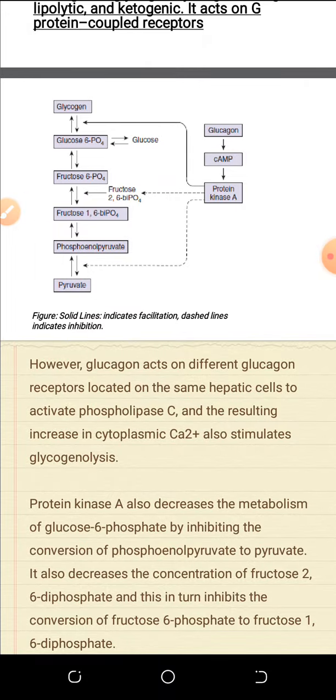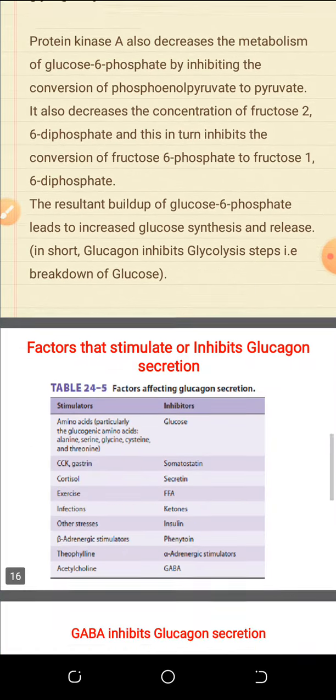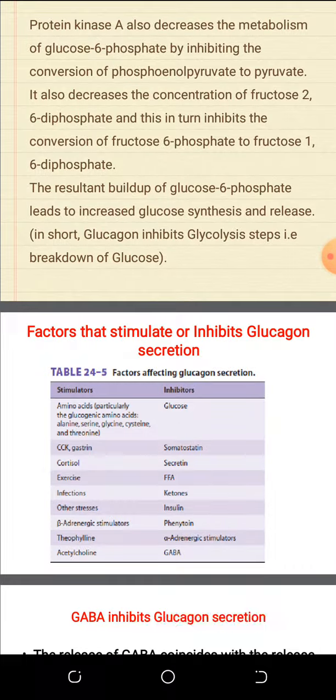However, glucagon acts on different glucagon receptors located on the same hepatic cells to activate phospholipase C, and the resulting increase in cytoplasmic calcium also stimulates glycogenolysis. This is just information which you can read on your own. Now, what factors stimulate or inhibit glucagon secretion? This is also important. Exercise stimulates glucagon secretion.